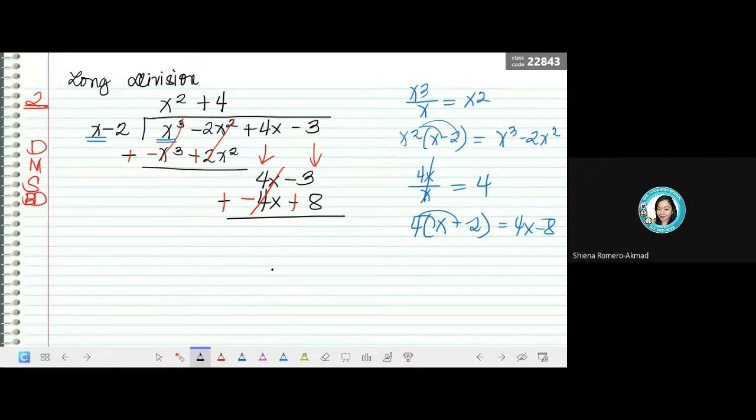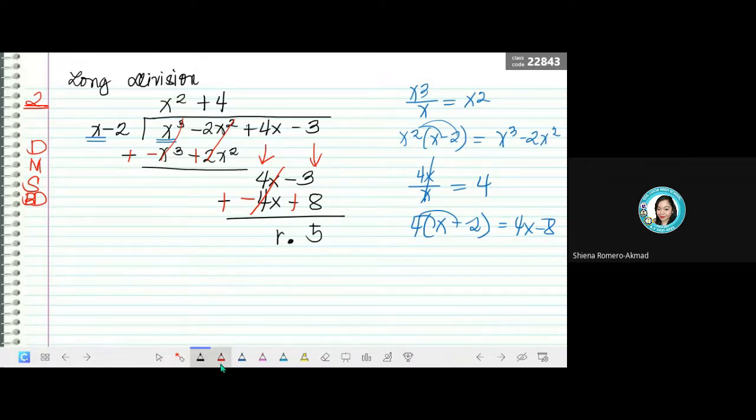What is negative 3 plus 8? Ayan, 1, 2, 3, 4, 5, 6. Okay, tama si Negara. The answer is positive 5. So the remainder now is positive 5.